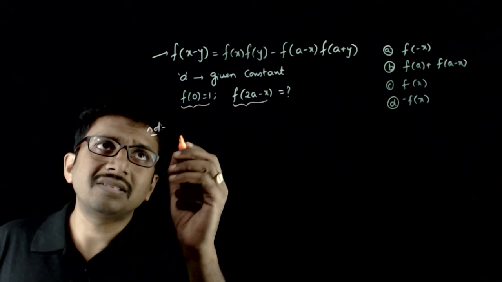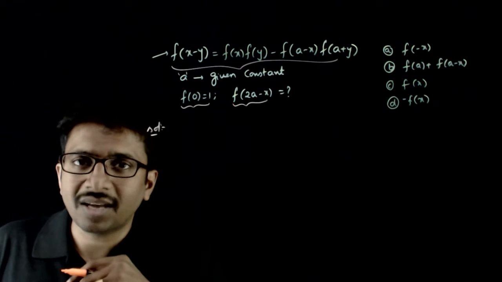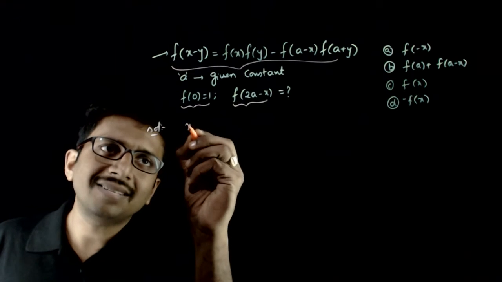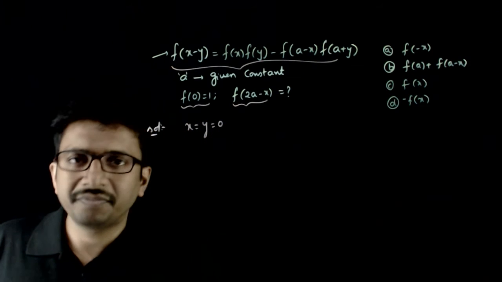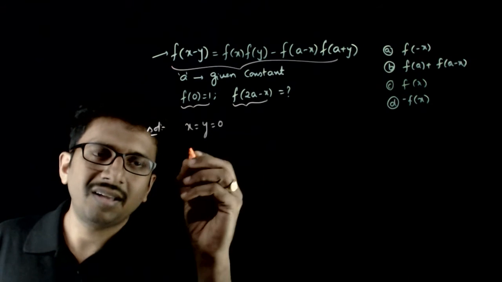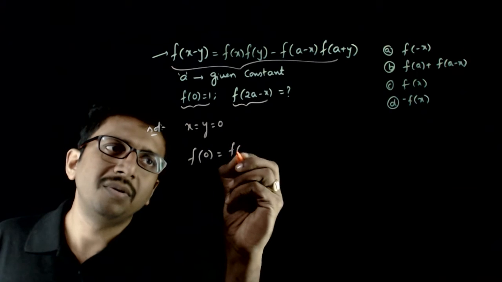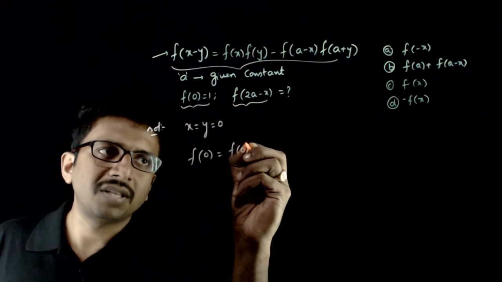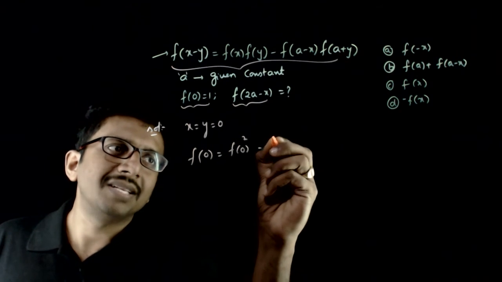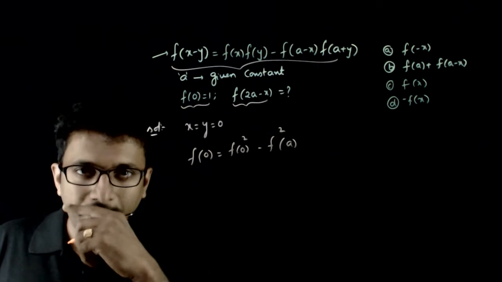Now first what I do is, this functional equation is valid for all x and all y. So let us put x is equal to y is equal to 0. If you put both x and y as 0, what does this expression give? So f of 0 minus 0 is 0, is equal to f of 0 into f of 0, which is f of 0 whole square, minus f of a into f of a, which is f of a whole square.